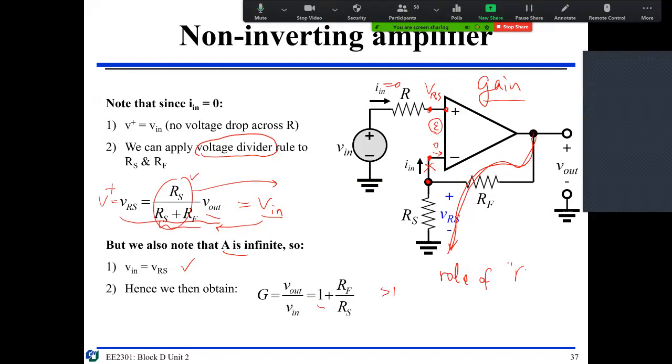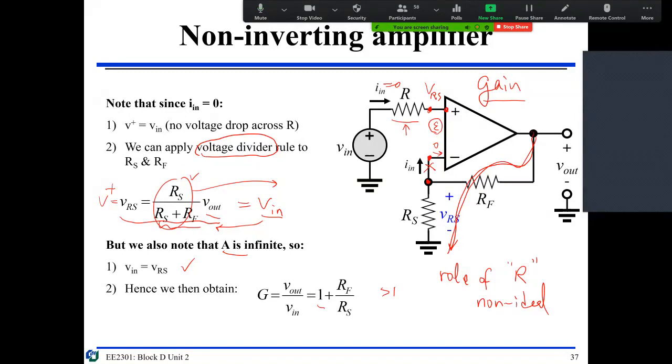The role of R is a much deeper question and needs a much deeper analysis. In that case, you have to consider the non-ideal op amp. So in this case, the R in here should be chosen to satisfy those non-ideal situations. But in the ideal case, this R does not play a role here.